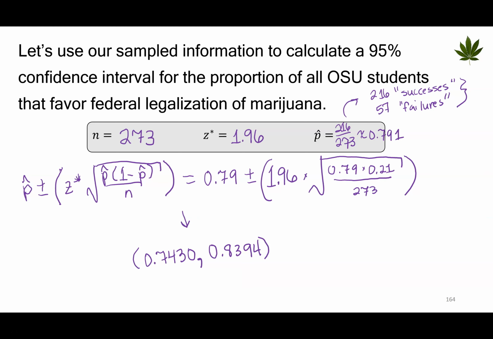So just keep that in mind. So yeah, our 95% confidence interval for the true proportion of all OSU students that approve of legalizing recreational marijuana at the federal level is between 74.3% and 83.94%, with a point estimate of 79.1%.